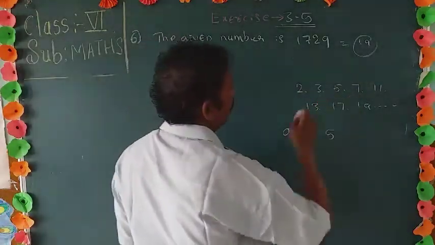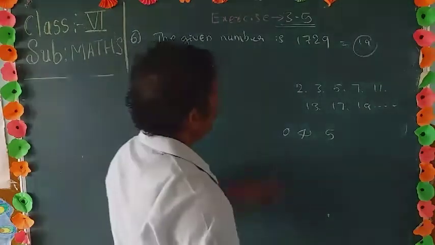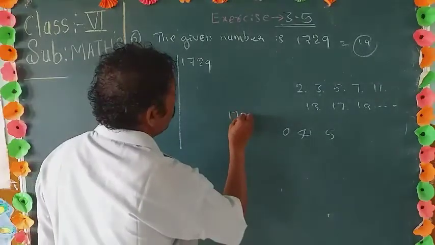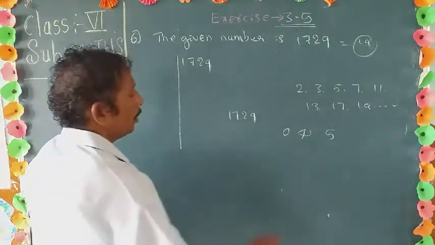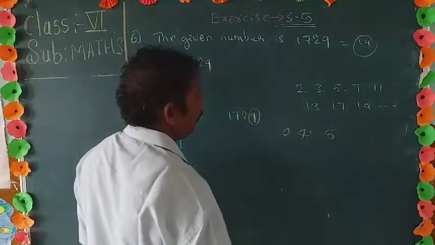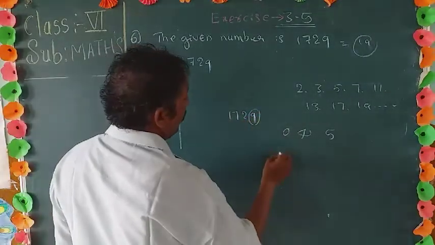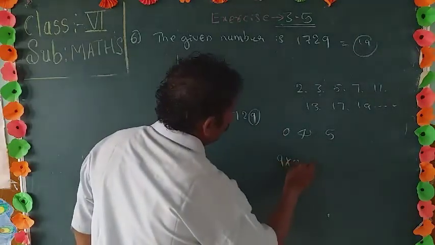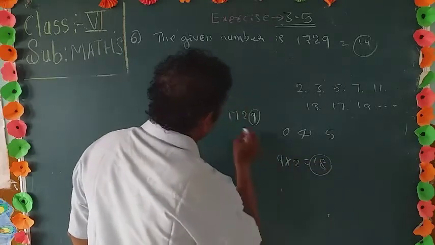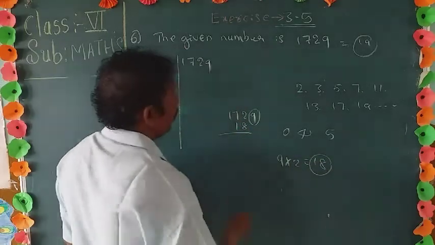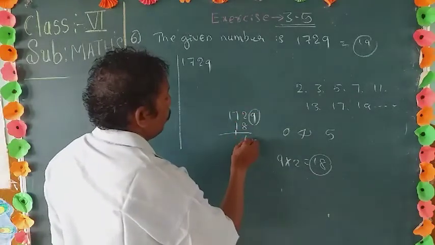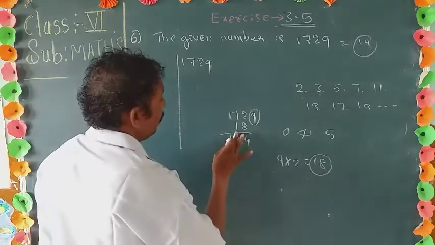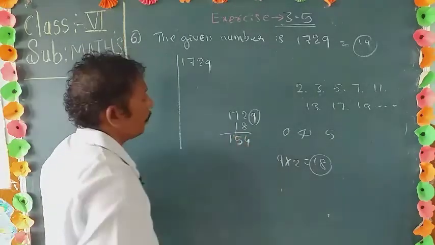Next, take 7. Now we can divide the number by 7 because, for the number 1729, take the last digit 9 and double it, 9 2s are 18. Subtract 18 from the remaining number, 172 minus 18 is 154.